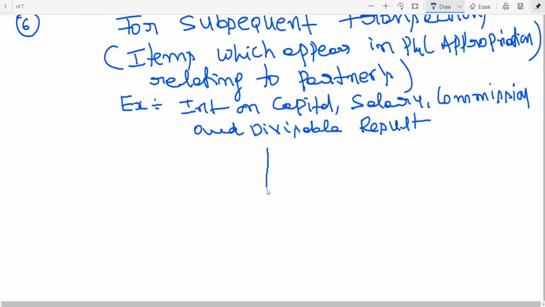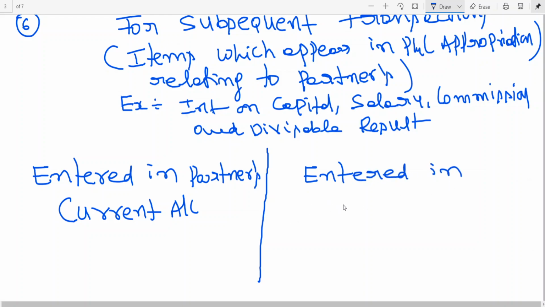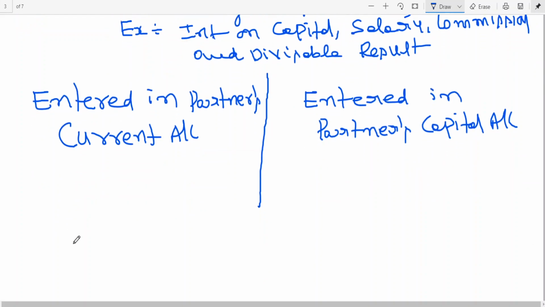In the case of the fixed capital method, these are entered in the partner's current account. Here, in the fluctuating method, they are entered in the partner's capital account, because there is only one account. Is this clear? Why am I using the word entered, not debit and credit?